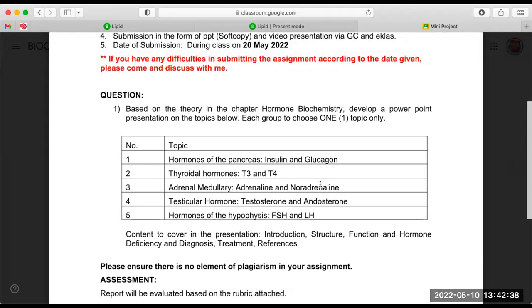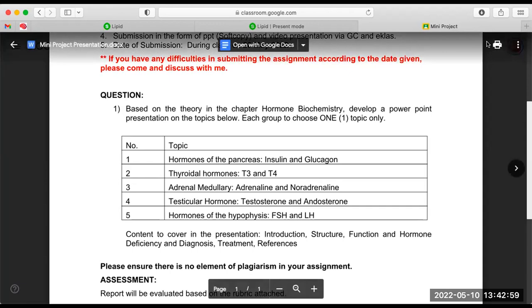Where is it produced or synthesized? In which situation will we need this hormone? Is it for metabolism of dietary intake, or will the hormone be used for thinking, memory, or other metabolic processes? Okay, very briefly in the introduction. Try to limit it to one slide only for introduction.